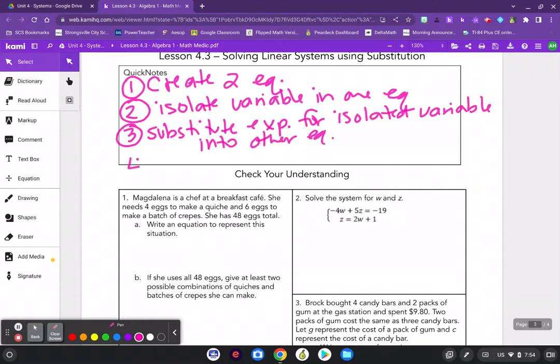And then my job is to solve. Solve the equation to find the solution. And typically we have this solution of x, y.